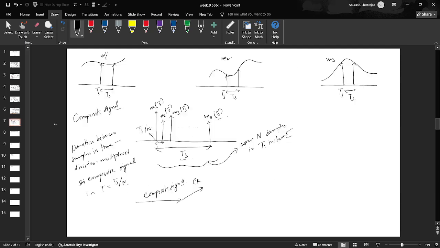CR's job is just the opposite, feeding each of these lines and the corresponding LPFs here.